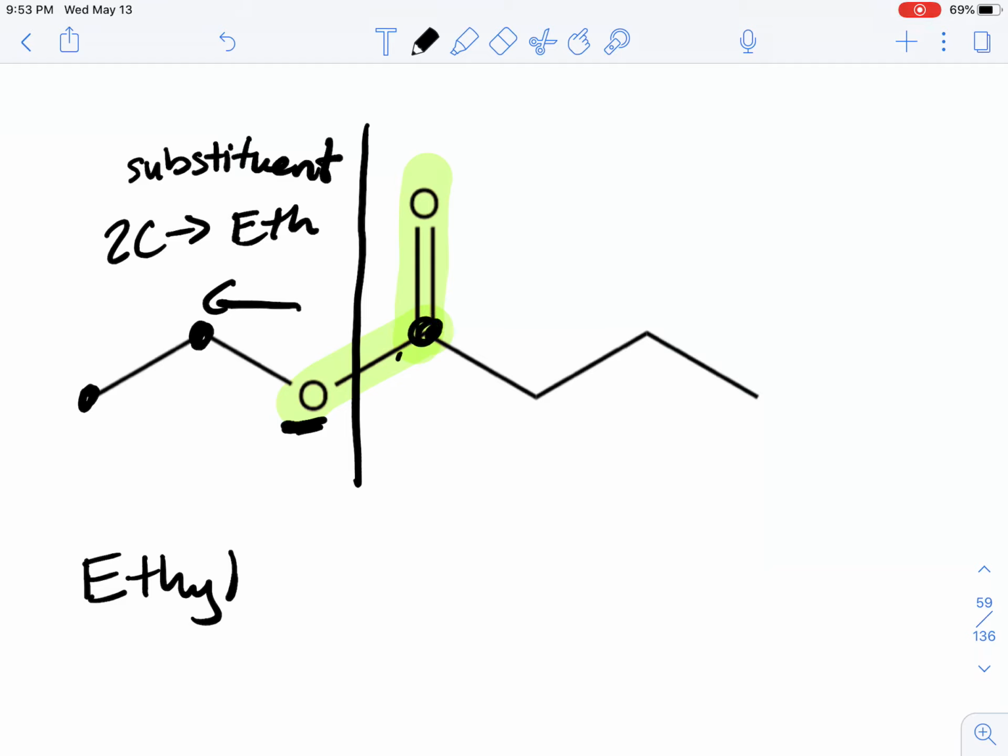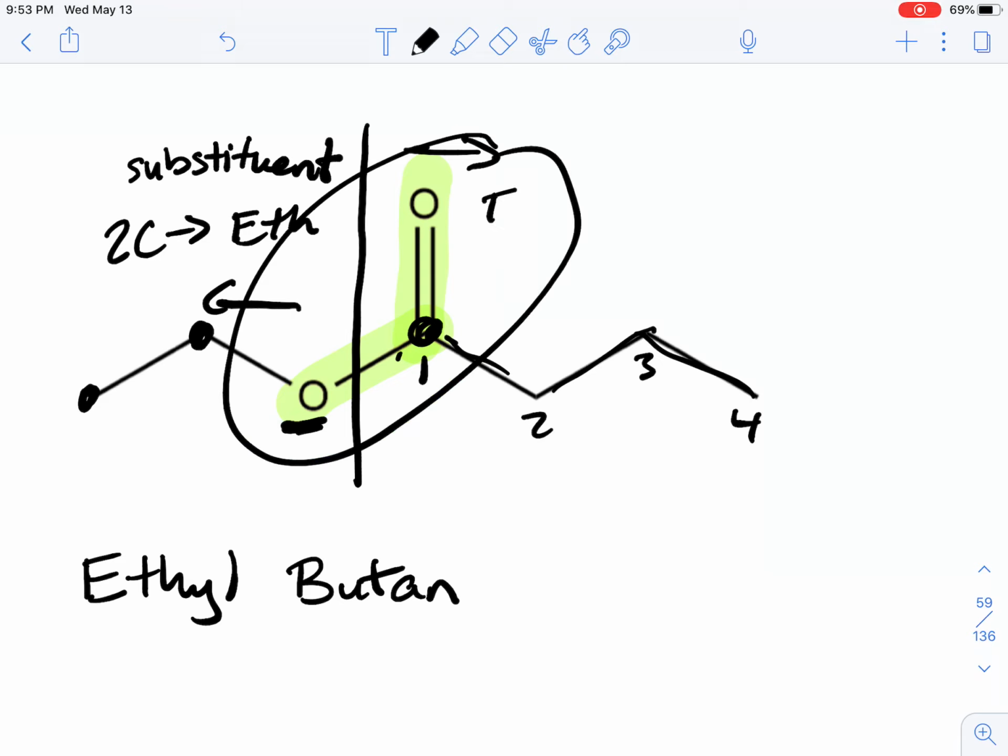Now, looking to the right of the carbonyl group, including the carbonyl carbon itself, that's 1, 2, 3, 4. So it looks like I have but, since they're all single bonds, this is butane. Since I have an ester, I need to use the suffix -ate. So this is ethyl butanoate.